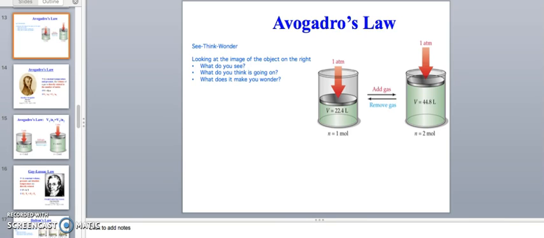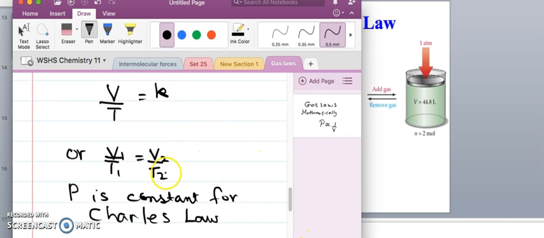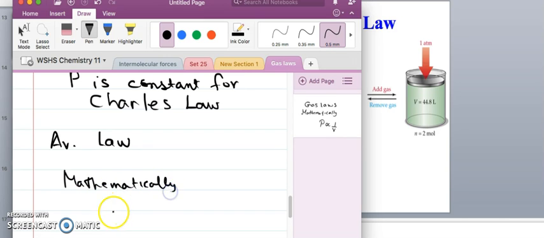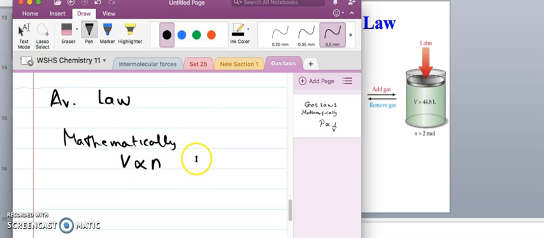Now, I wanted to quickly derive Avogadro's law as well. So I'm going to quickly do that on OneNote. So Avogadro's law, mathematically, we can write it as V is directly proportional to N. What needs to be the same?